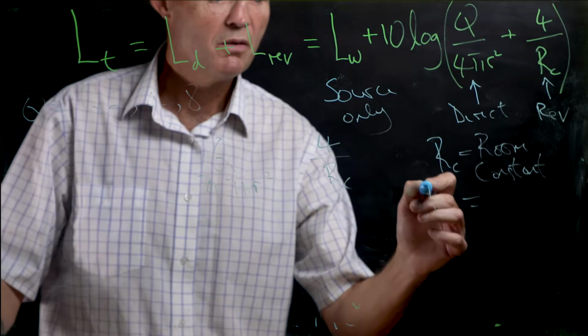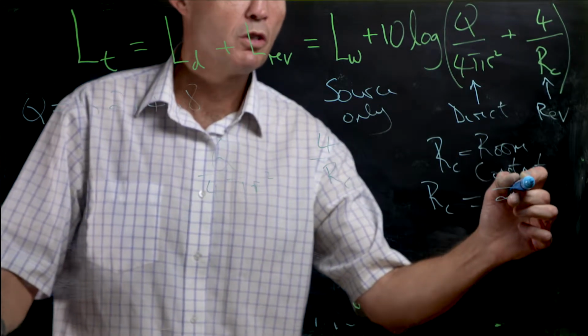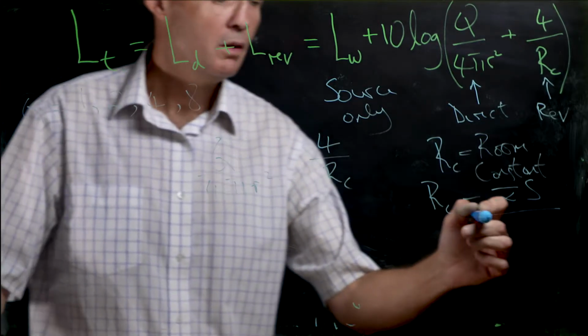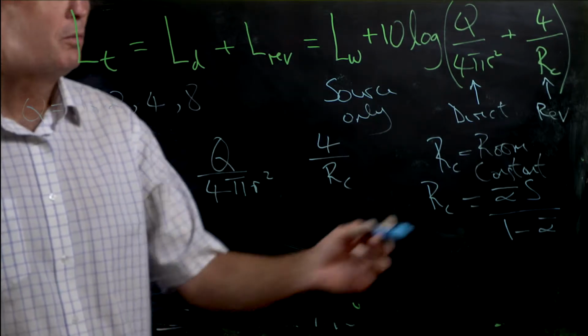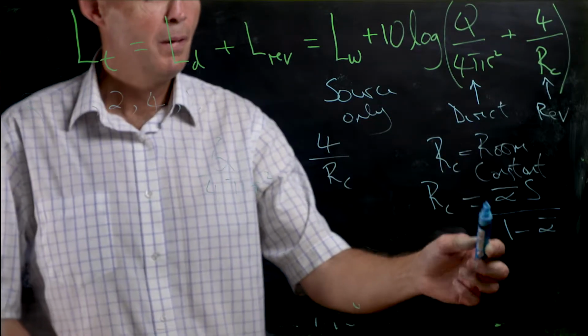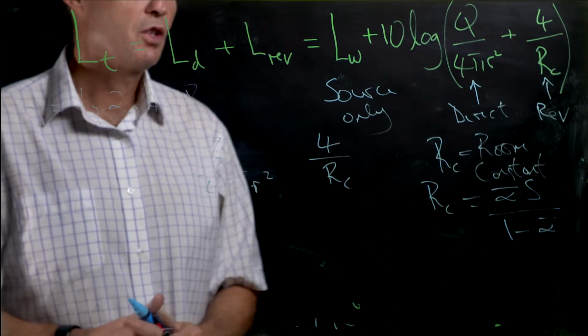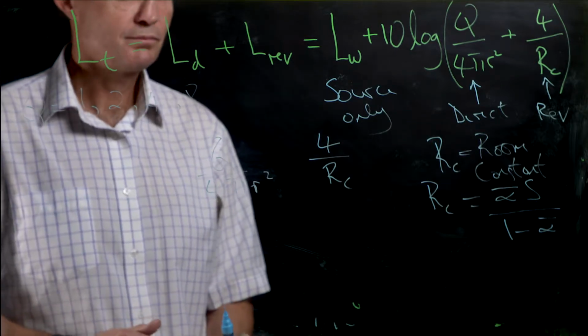So it's not surprising to find that RC can be determined from the mean absorption coefficient alpha times the surface area S of the room, divided by 1 minus alpha. In other words, the room constant is determined by the mean absorption coefficient of the surfaces and the surface area. So this is almost like an absorption term.